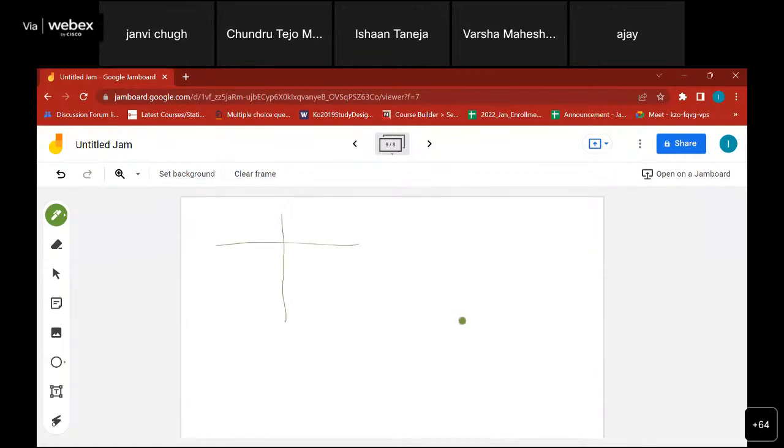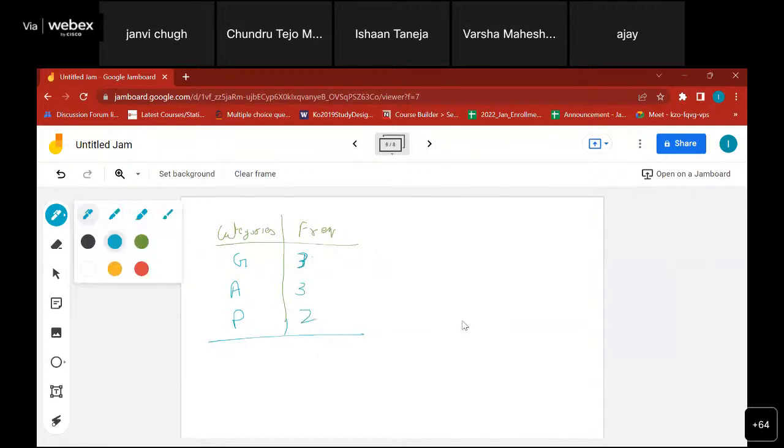Let's say these are the categories, and this is the frequency. I will take again G represents good, A represents average, and P represents poor. Let's say the frequency is, I will keep it small for calculation purposes, 3, 3 and 2.